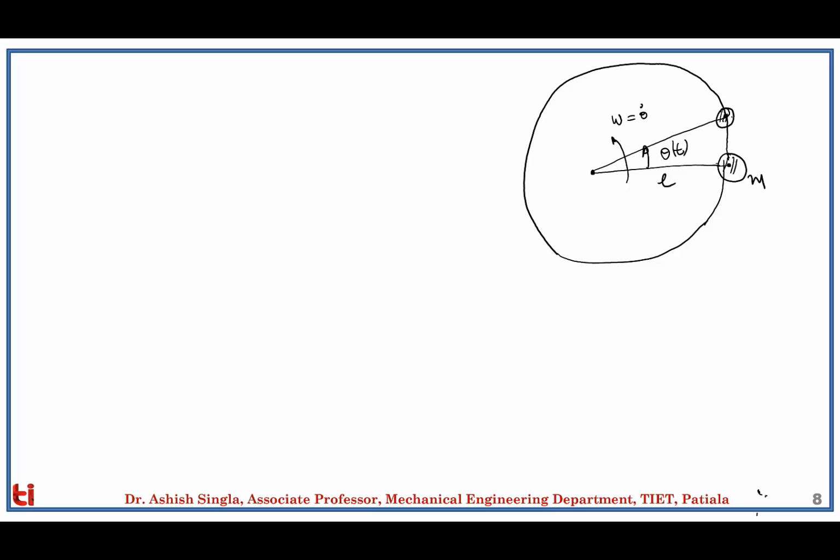This represents the tangential force, which is equal to m omega cross r, and its direction is tangent, because omega is out of the plane and r, which is equal to L, is in this direction.